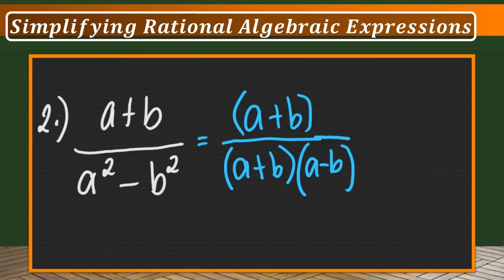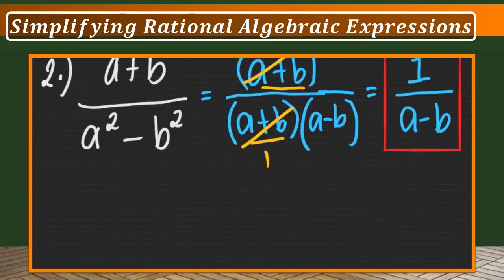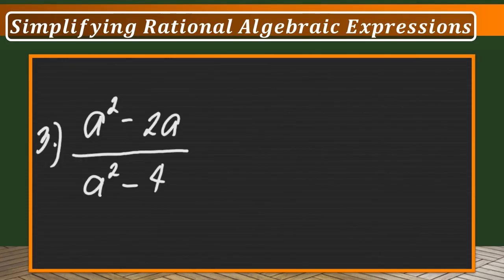Notice that a plus b is common. Therefore, we can cancel this one. That is 1. And this is cancelled. Therefore, the final answer is 1 over a minus b. That's it.